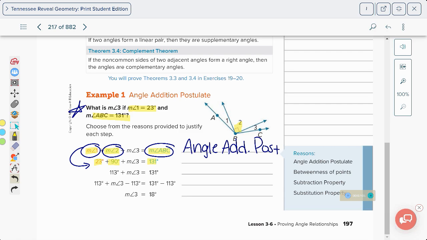So anytime that we replace things, guys, that's going to be the substitution property, okay? Think about it, with me and Mr. Bunshoe. Mr. Bunshoe is my sub, right? He is replacing me for the time being. So anytime you replace things of equal measure, that will be the substitution property.